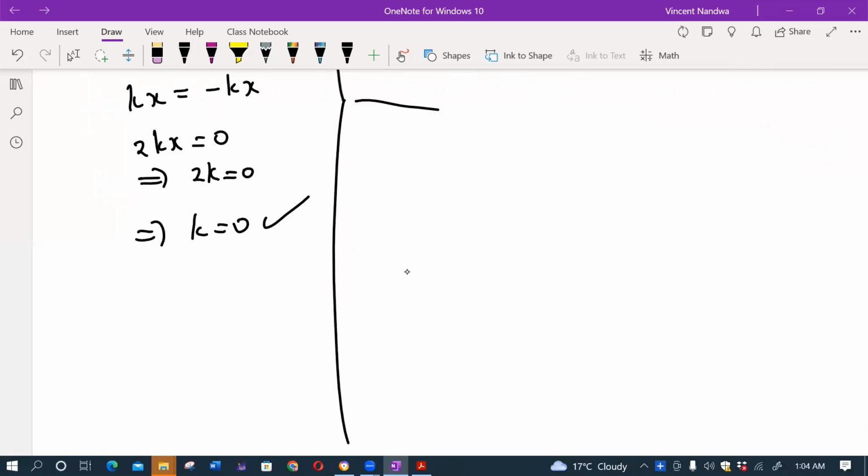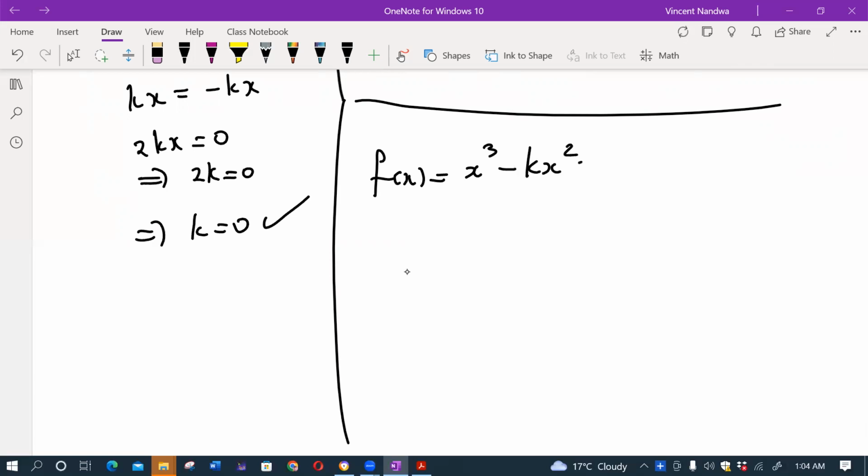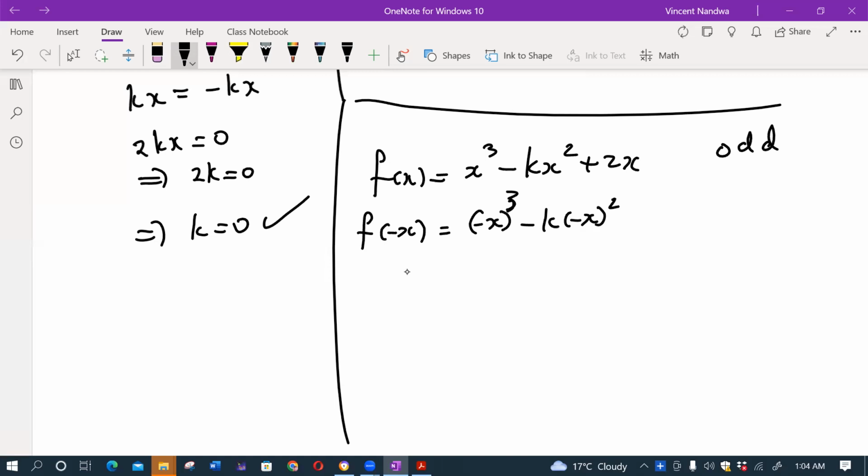Next, we have been told that f of x given by x cubed minus kx squared plus 2x is odd, then we have to find k. F of minus x will be minus x to the power 3 minus k into minus x squared, that's by definition.